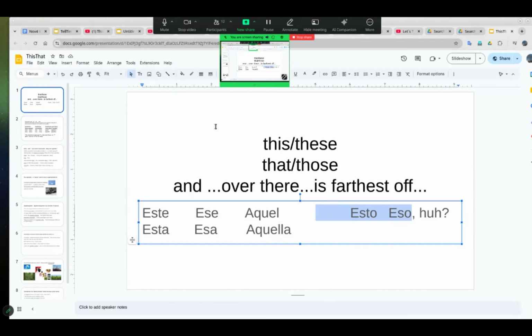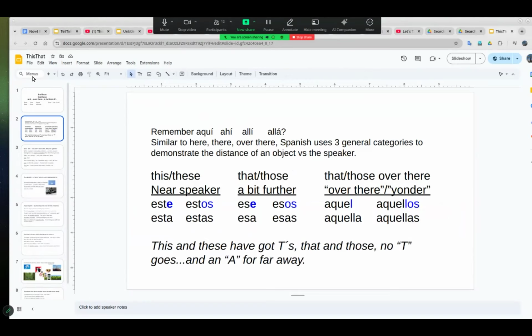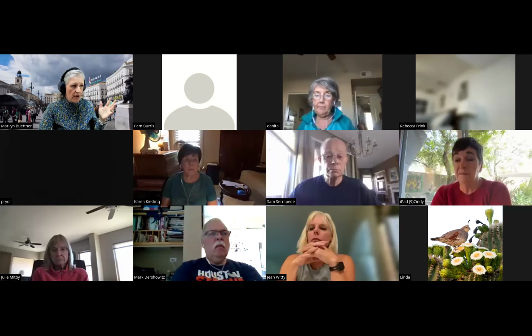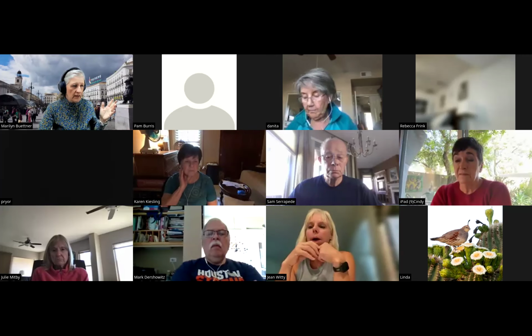It'll talk about what the forms are, and why some of these words are not masculine. So you'll see plenty of examples of that.